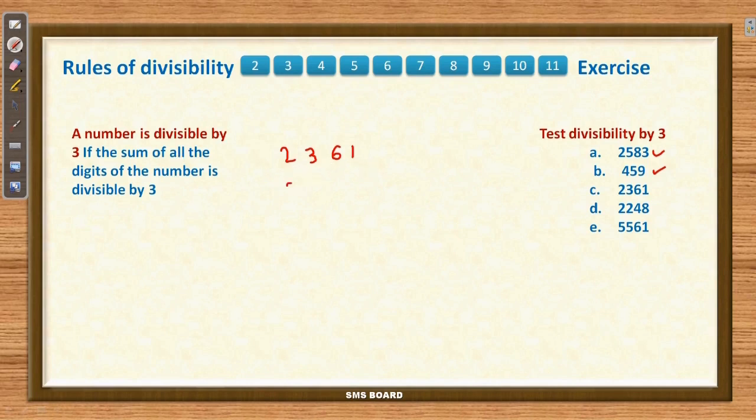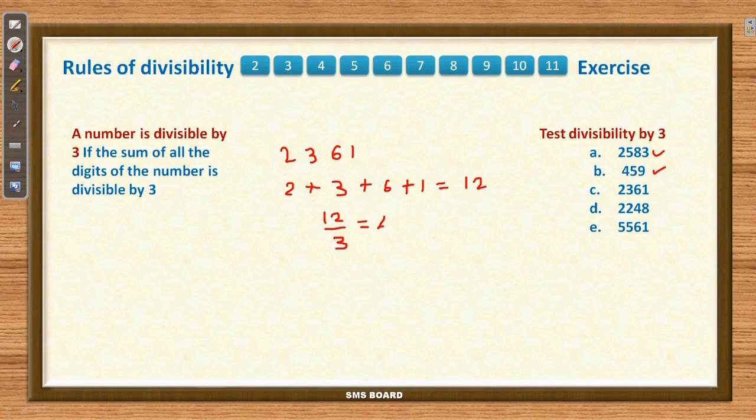So sum of the digits: 2 plus 3 plus 6 plus 1. 2 plus 3, 5 plus 6, 11 plus 1, 12. So this is 12. So 12 divided by 3, exactly, the quotient is 4.